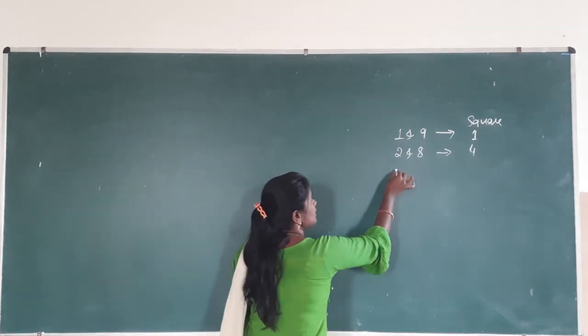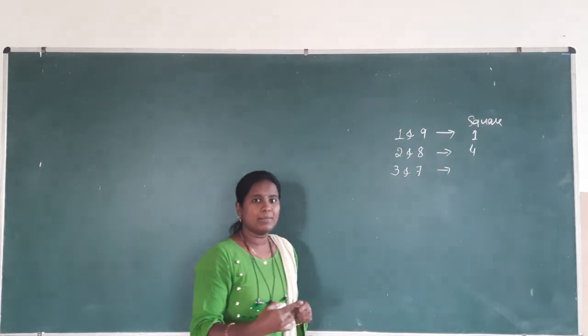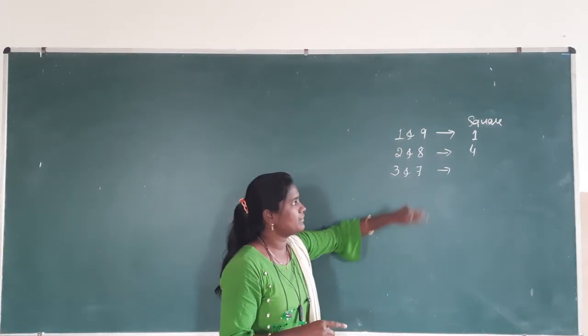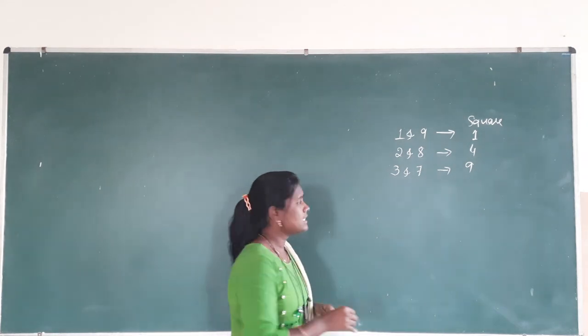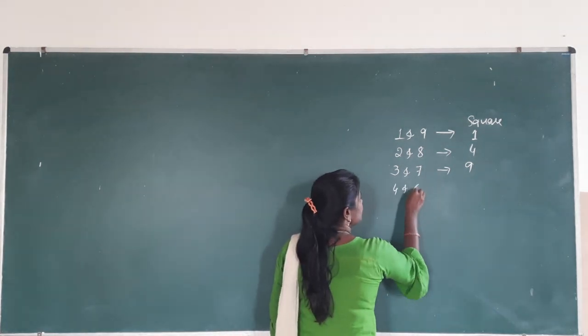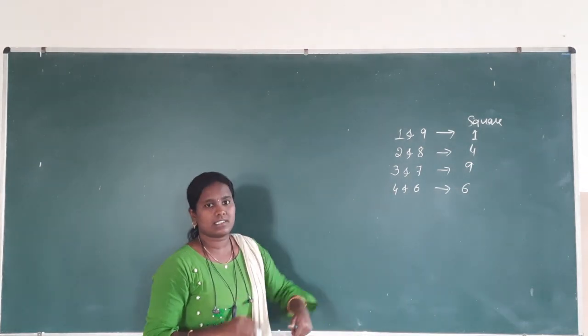If a number ends with 3 and 7, its square ends with 9. And if it ends with 4 and 6, its square ends with 6.